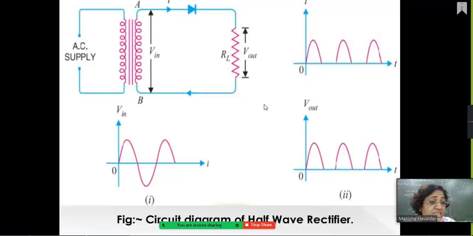Understood? Now let's see what happens at this other half cycle, that is in the negative half cycle. So in negative half cycle, see that this particular positive terminal of the diode becomes negative, and negative terminal becomes positive. So it becomes reverse bias diode. And in reverse bias mode, diode doesn't conduct.